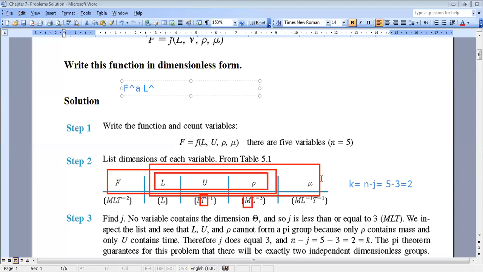Okay? The first group comes from combining F with L, U and rho. So how to combine them and try to find a group?